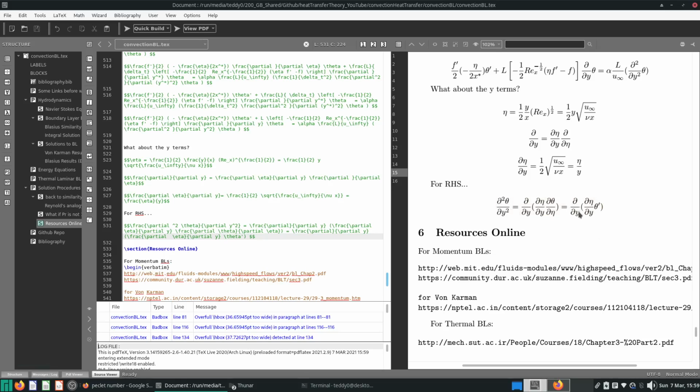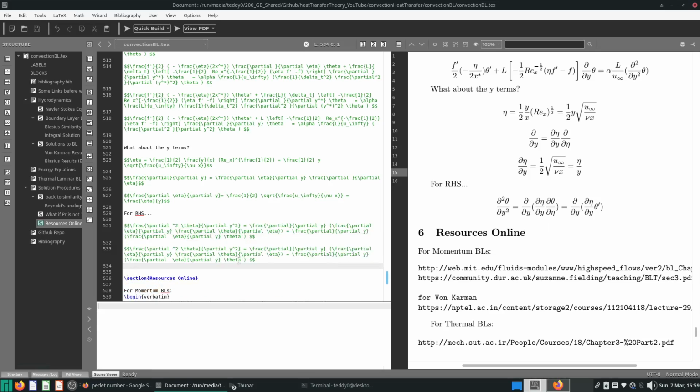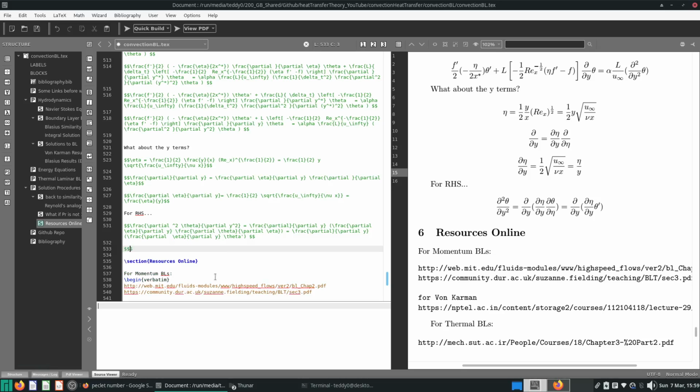All right. Now we do a product rule on this. So let's do a product rule on this. So one side will be partial y partial theta prime, theta prime, partial y and partial eta partial y.